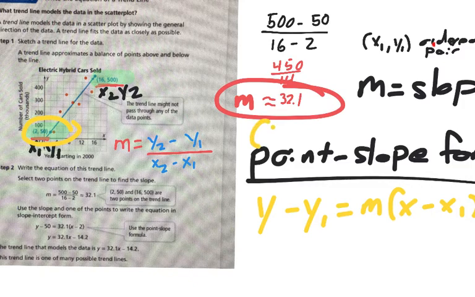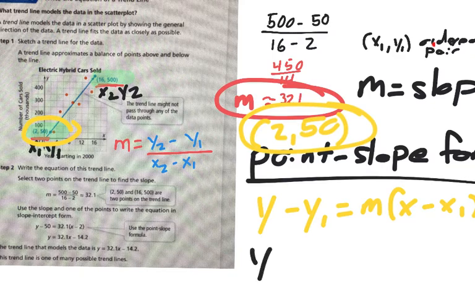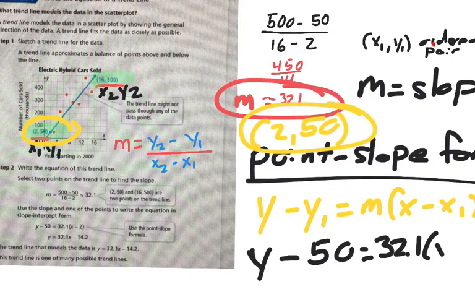So now I have a point at (2, 50), and I know the slope is 32.1. So I'm going to plug those into the point slope form of a line. So that is y minus y1, which is 50, equals m, which is 32.1, times x minus x1, which is 2.